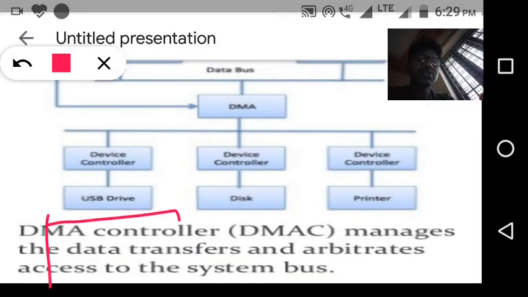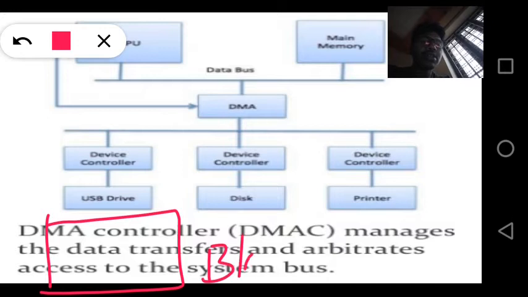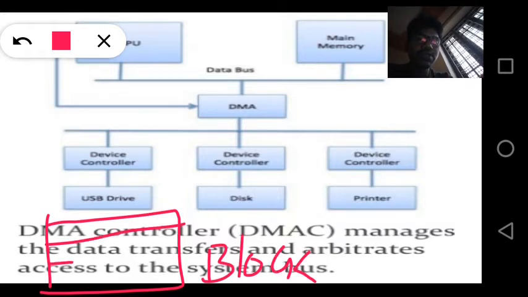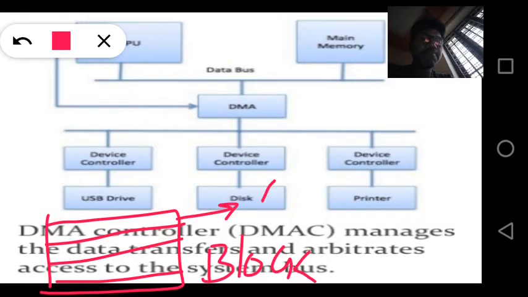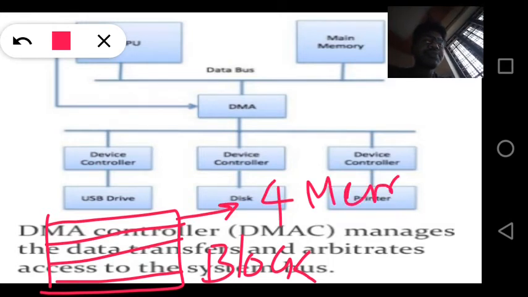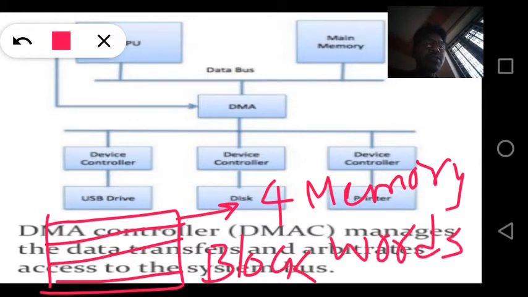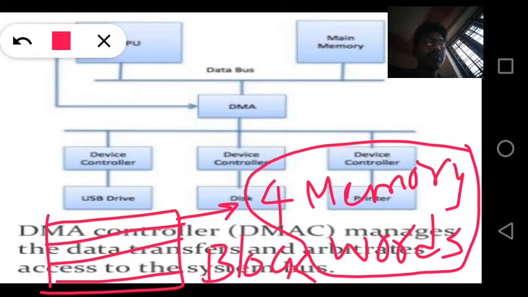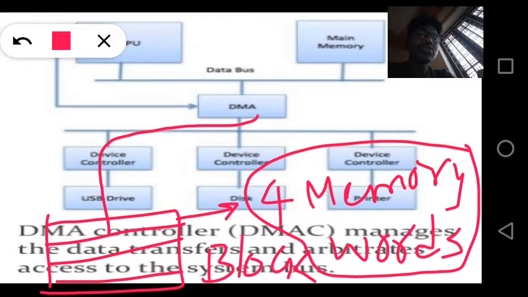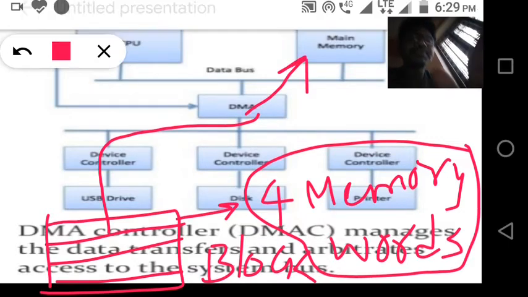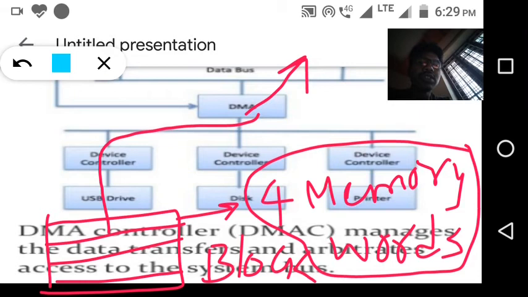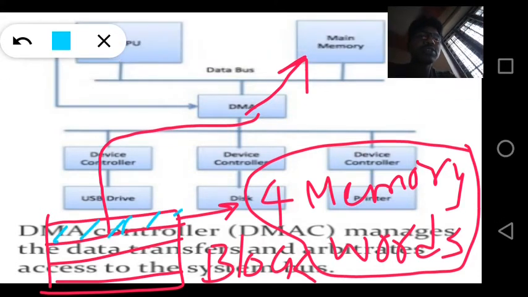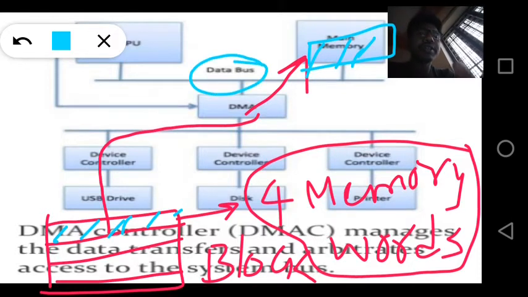So if a block contains 4 memory words, then one word is transferred to main memory by taking control of the data bus.